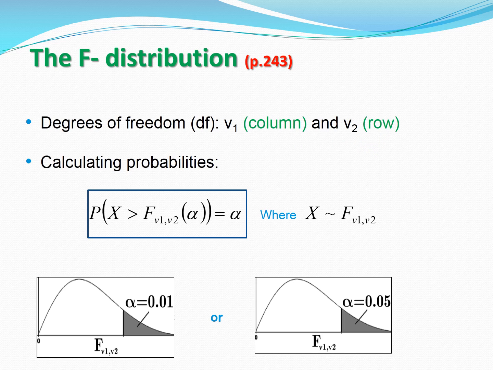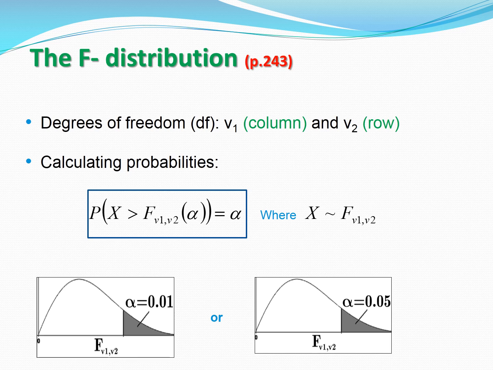Then the notation that we use to indicate probabilities is similar to the chi-square distribution, where we determine the probability that our random variable is greater than some F critical value with V1 and V2 degrees of freedom, and that probability will be equal to alpha. And our random variable follows the F distribution with V1 and V2 degrees of freedom.